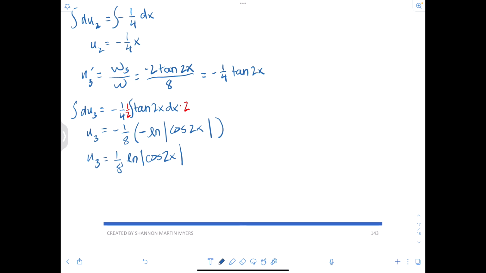Okay, so now let's find our YP. So remember that YP is U1 Y1 plus U2 Y2 plus U3 Y3.